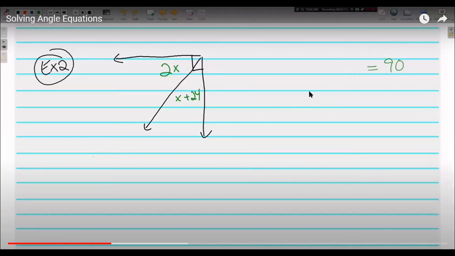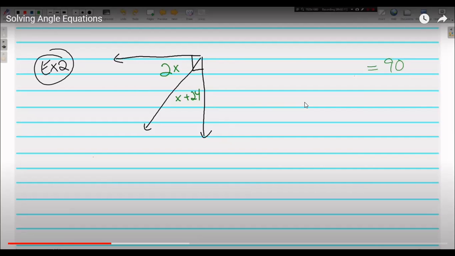Did you find the value of x? Yes. If the whole angle is 90 degrees, and it is 24 plus x and 2 times x, we have to subtract 90 minus 24.